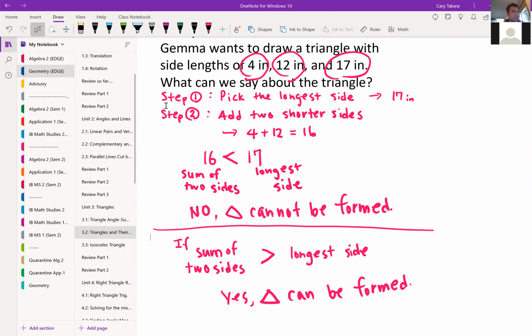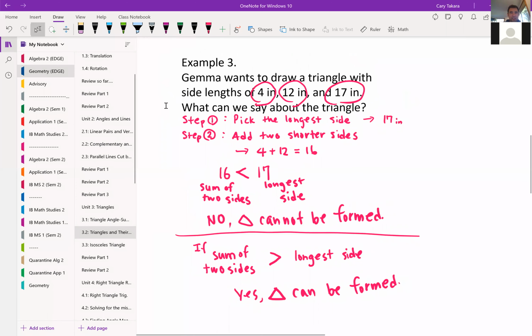Have you learned this in middle school by any chance? Have you seen this? Have you done something like this before? Yeah. Okay. All right. And this is a kind of a review for you. But does it make sense though? Hopefully. Okay.